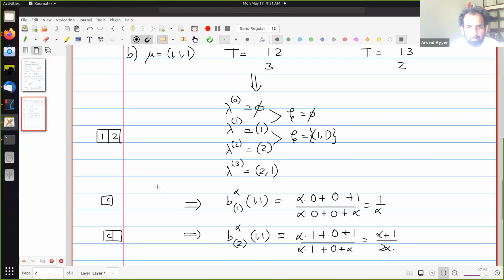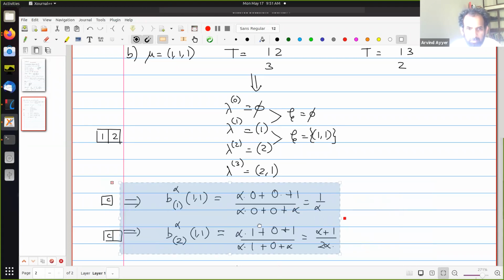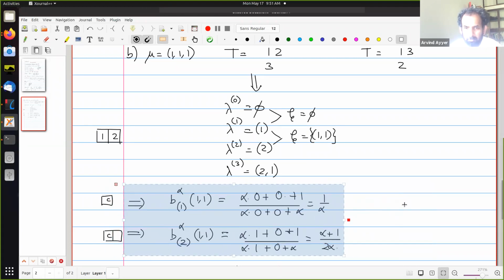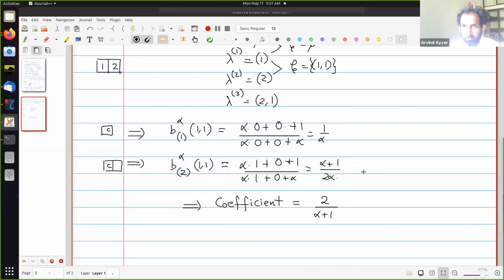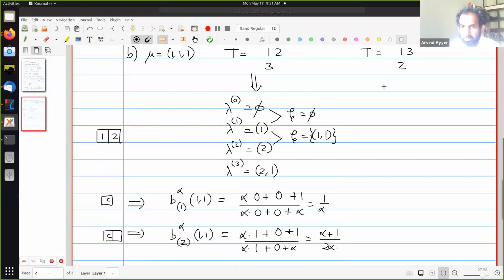Okay, so I have occupied a lot of space, so let me move this over here. And let's do the same kind of computation here. By the way, another check over here is that this C is that.